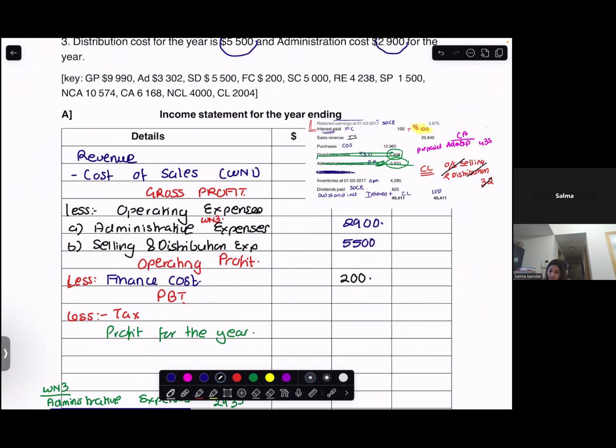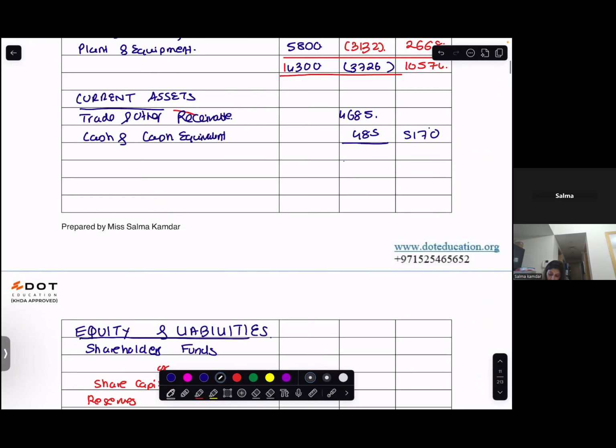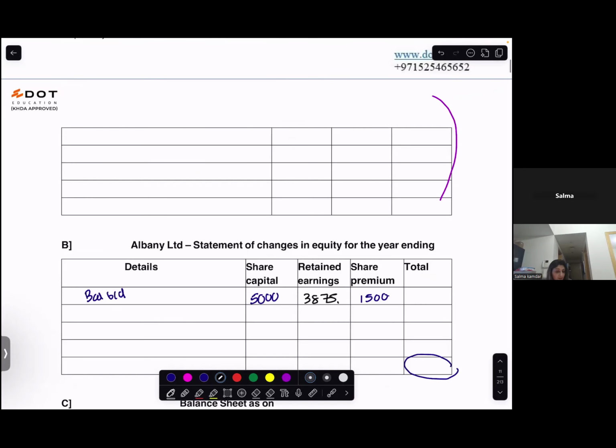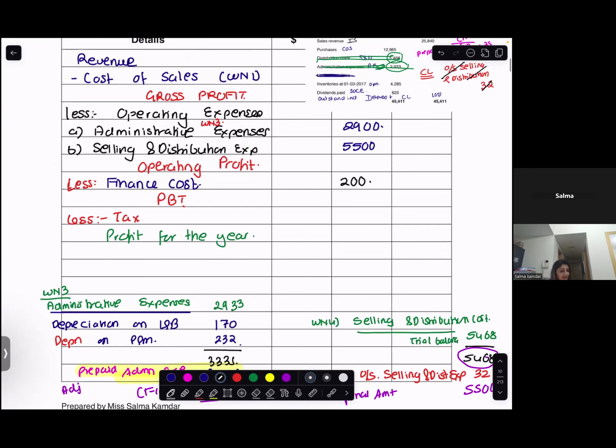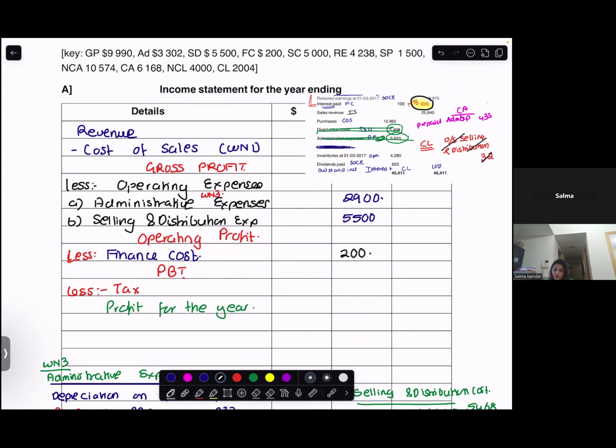I hope you're with me. In current liabilities, I see this outstanding finance cost of 100 also. Outstanding interest, current liability, 100. Where will this go?